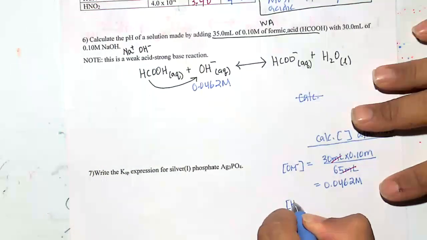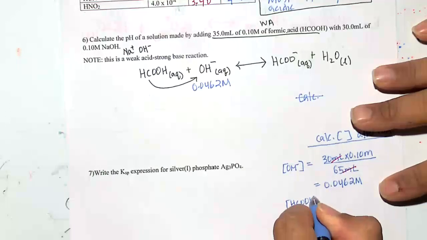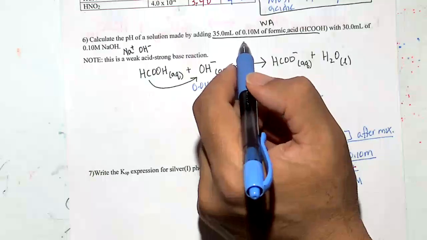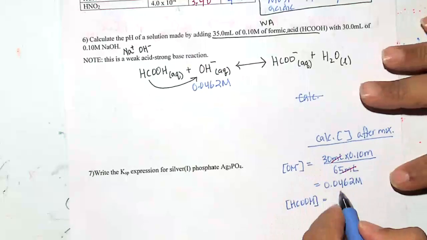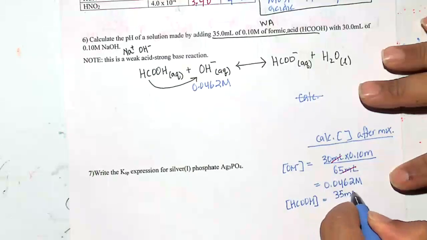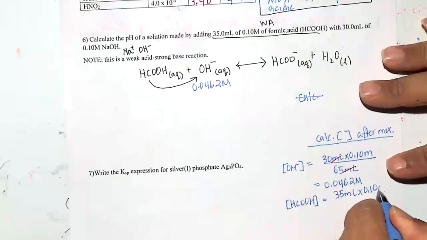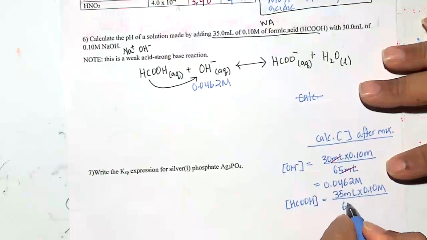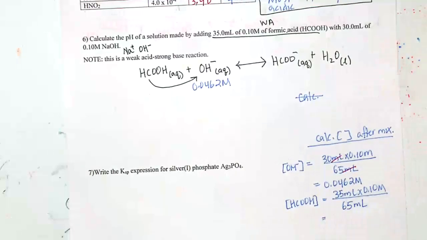All right, now let's do the same thing for HCOOH. We got 35 mLs times 0.1 molar. What's my total volume? 65.